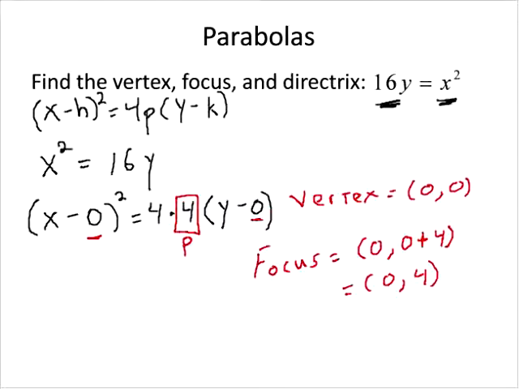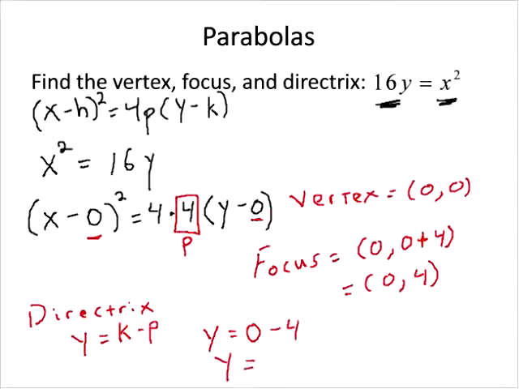There's our focus. And our directrix is a line, and it's going to be in the format y equals k minus p, right? So for us, it's going to be y equals 0 minus 4, so it'll be y equals negative 4.